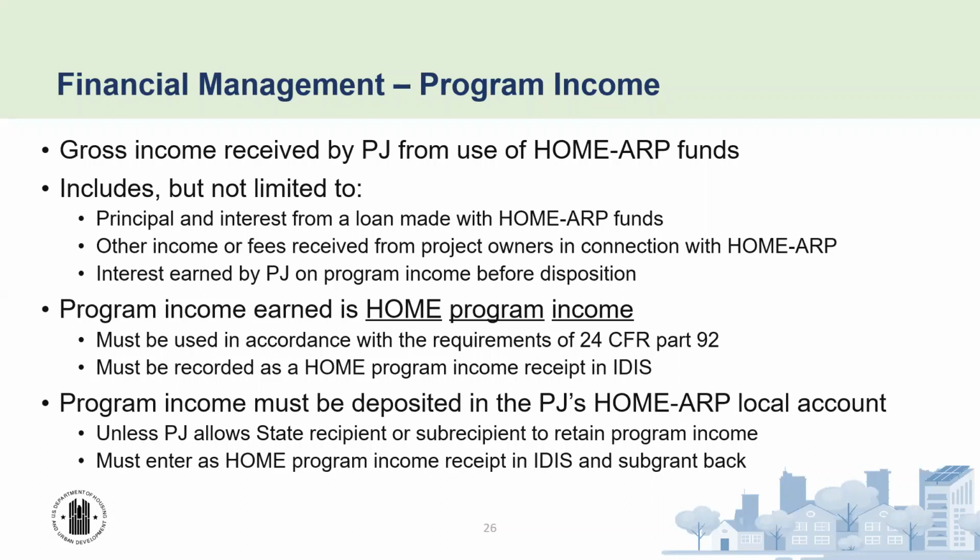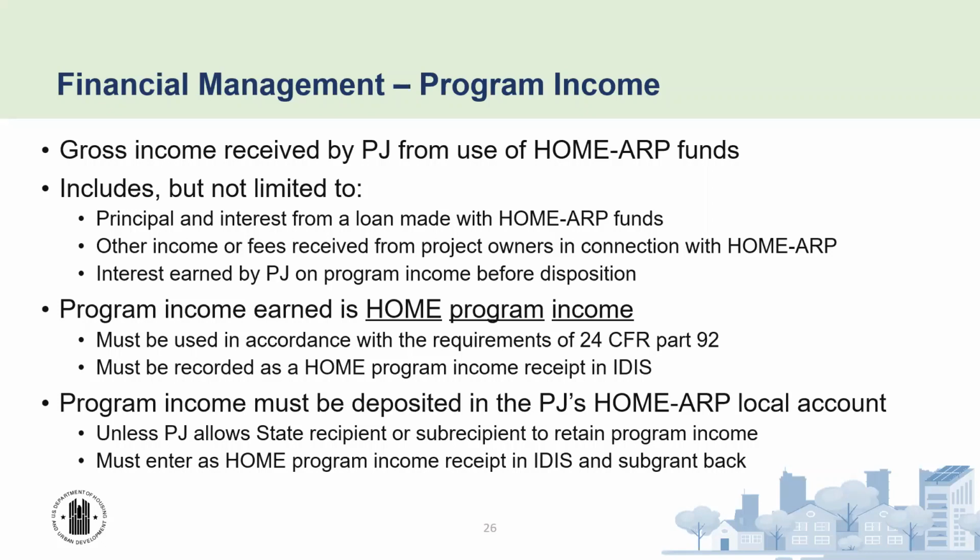All HOME-ARP program income must be deposited in the PJ's HOME-ARP local account unless the PJ allows a state recipient or subrecipient to retain the program income for additional HOME projects. HOME-ARP program income must be recorded as a HOME program income receipt in IDIS and used in accordance with the requirements for HOME program income.